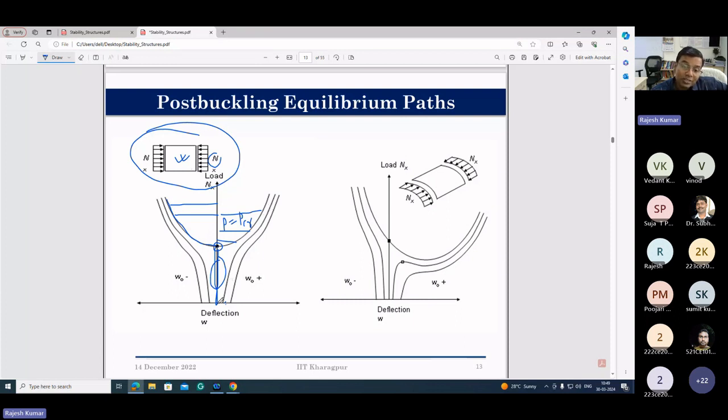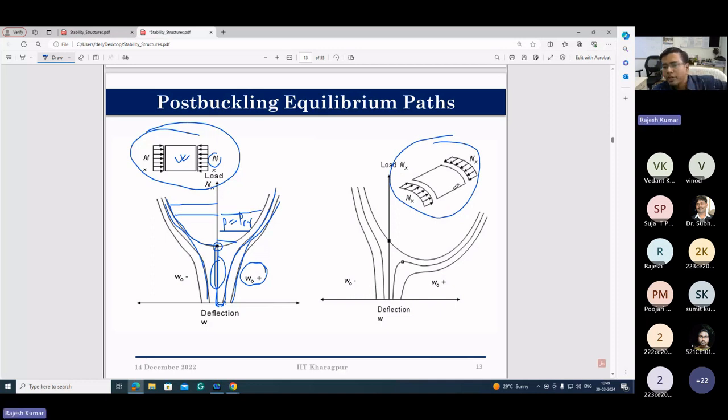But when you have some initial imperfection, as soon as load is applied, it will bend, and you will get this type of graph. As imperfection intensity increases, you will see this graph. Okay, this is the negative imperfection, and this is the positive imperfection. And this is the post buckling equilibrium path for the panel.